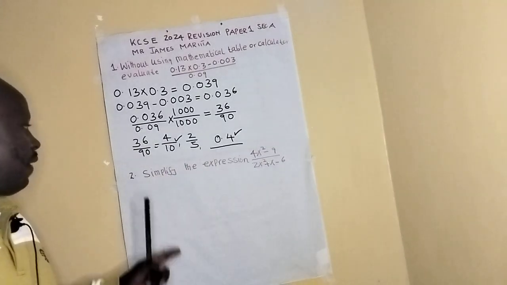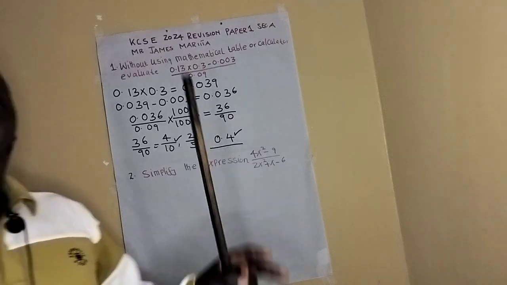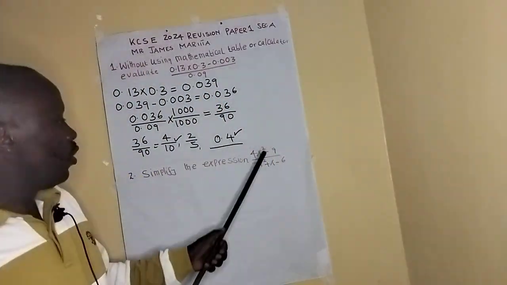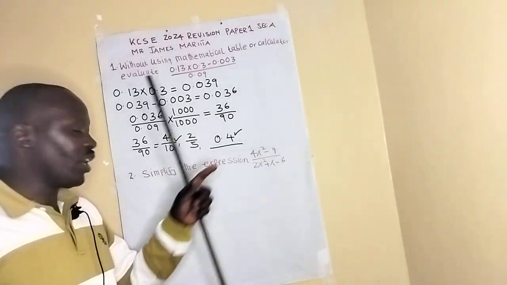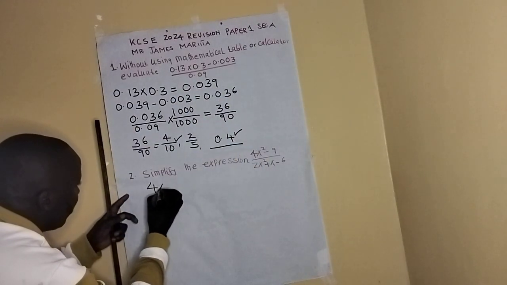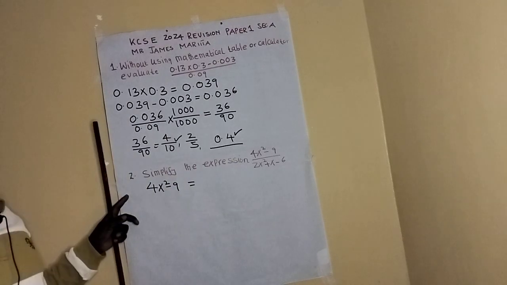Question number 2. There is an expression here where candidates were supposed to simplify. We have 2 parts here. We have the upper part, which is 4x squared minus 9. This one you can simplify.